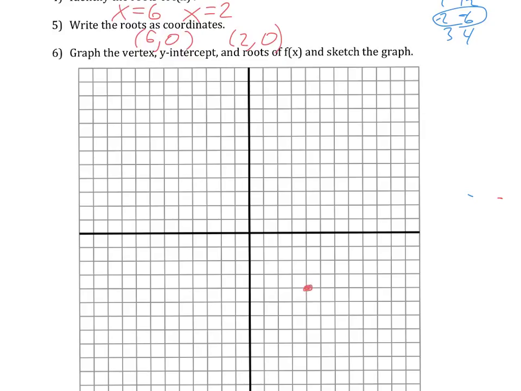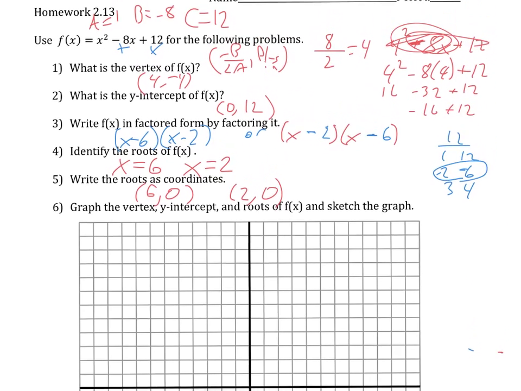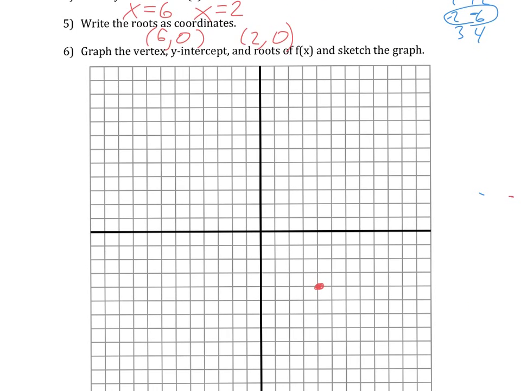There's our vertex. We've got the y-intercept was positive 12, or 0, 12, so that's going to be up here. And then we have the roots, 6, 0, and 2, 0. 6, 0 is over here, 2, 0 is right here, and that's generally enough to make our line.